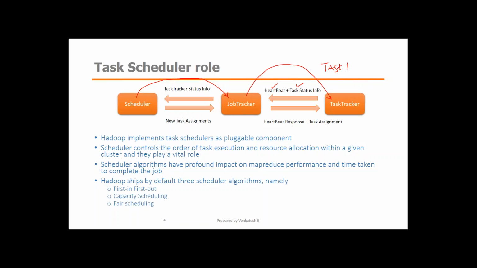That status is sent periodically by the task tracker to the job tracker, and that periodicity is every 3 seconds. By this, the job tracker knows which task trackers are doing what job and how many resources they are consuming. This information is finally forwarded to the scheduler, which is part of your job tracker. The scheduler collates all this ongoing task execution status from multiple task trackers, and then decides how a new job should be scheduled. Are you with me?